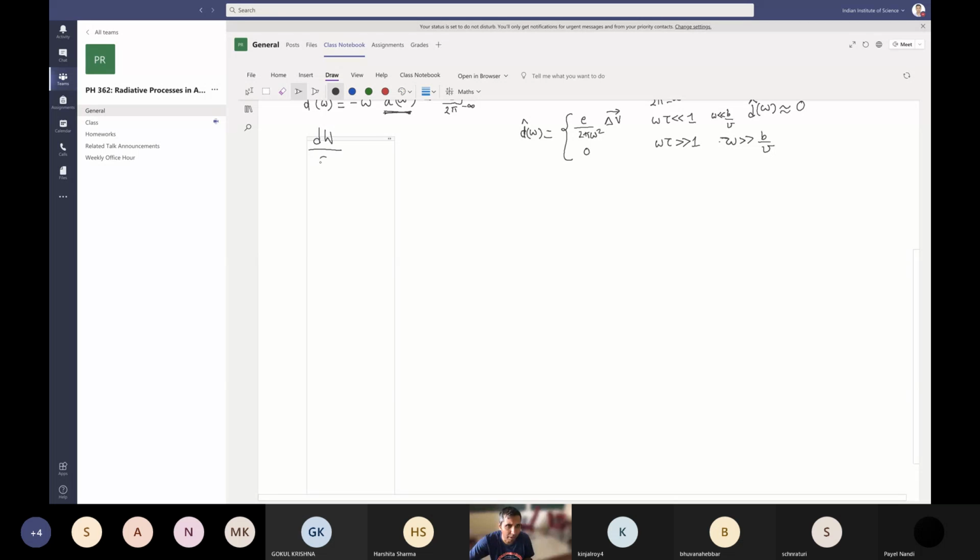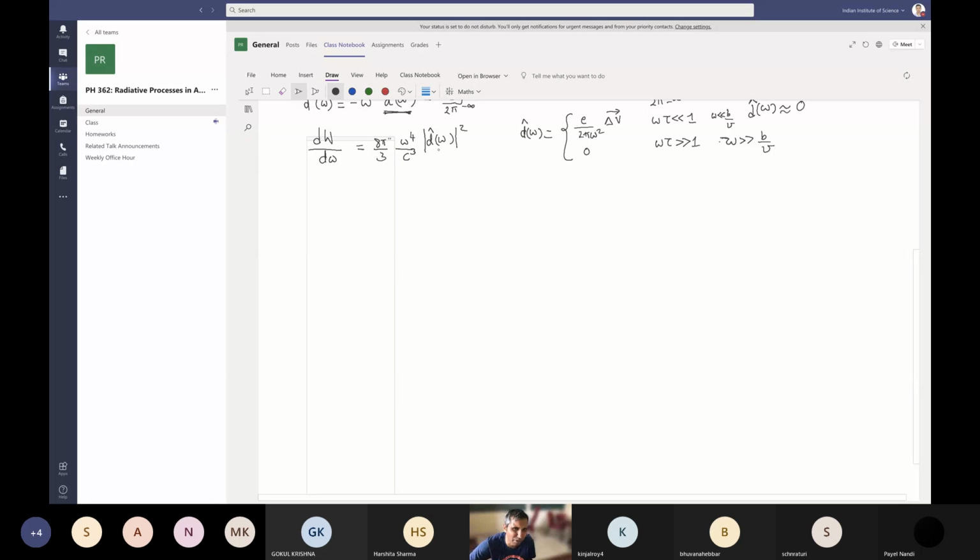dW by d omega, how much energy is radiated between frequencies omega and omega plus d omega, is given by 8 pi by 3 omega to the 4 over c cubed times the magnitude of d tilde omega squared.